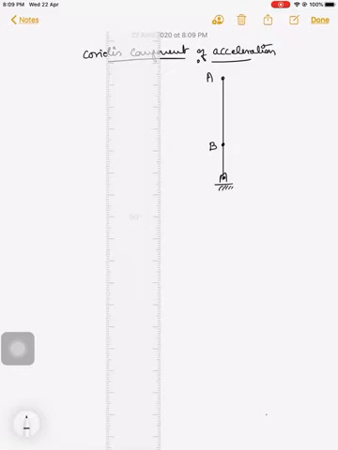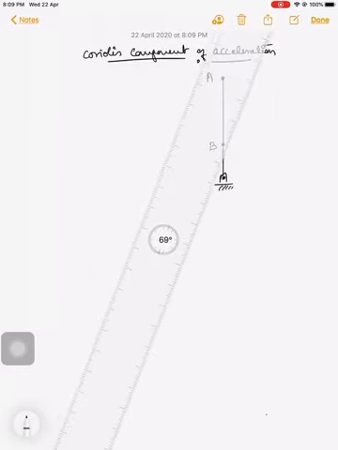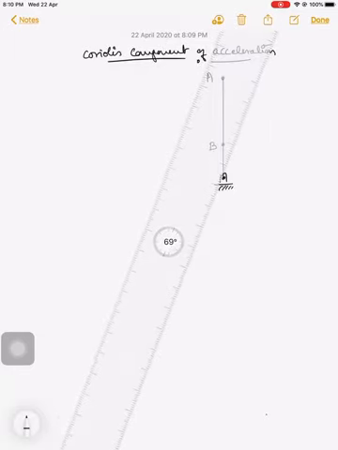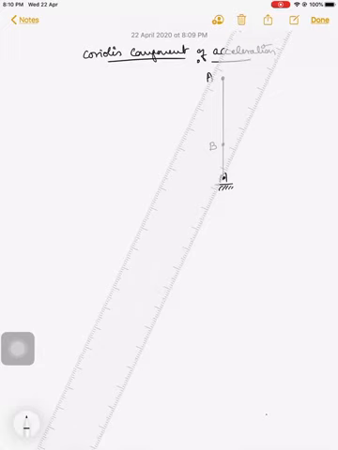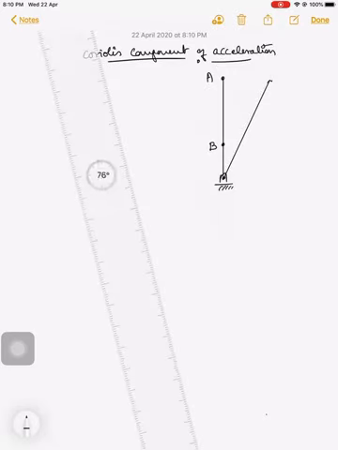After a little point of time, this link will rotate with some angular velocity. Let this be d theta.